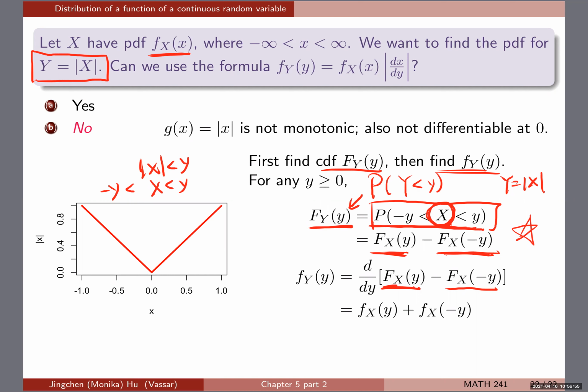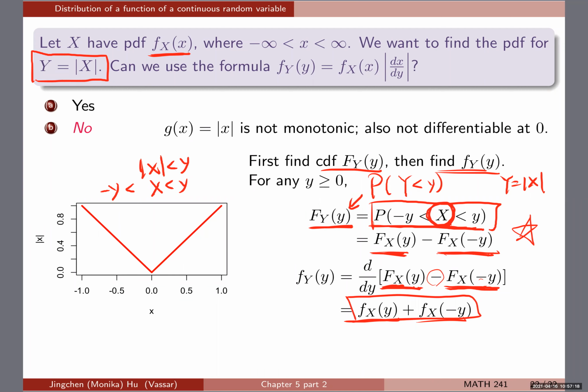Remember this is a CDF, so if I take the first order derivative, it becomes the PDF. The second term is again a CDF, but at negative y, and we take the first order derivative with respect to y as well. Because of the negative sign, this becomes f_X(y) plus f_X(negative y), and then you're done.